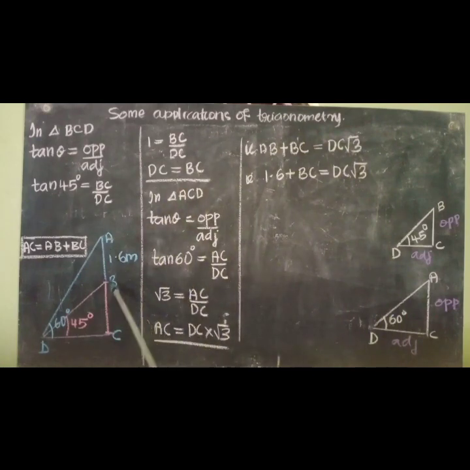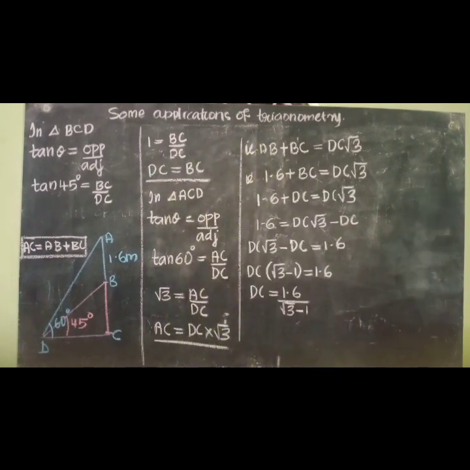Now we know what is AB. It is 1.6. So we can write 1.6 plus BC equal to DC root 3. Now here we have proved DC equal to BC. So this BC we can replace by DC.